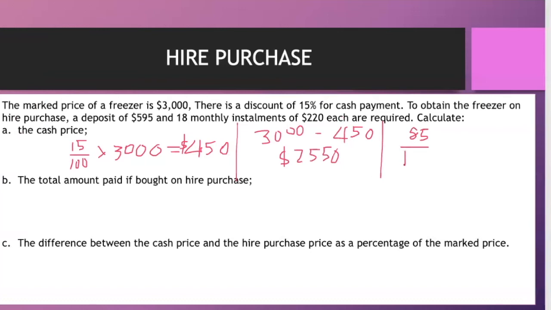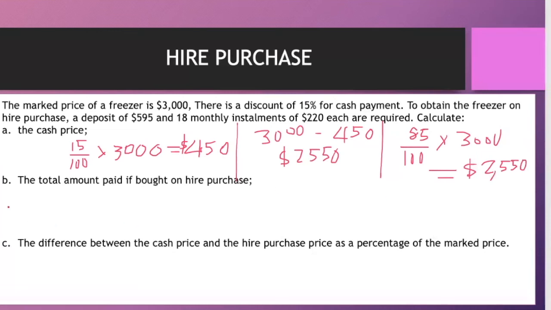So 85 over 100 times 3,000. We would get the same amount, which is $2,550.